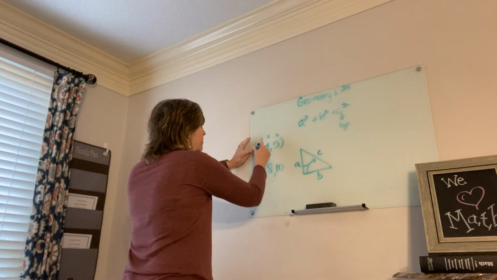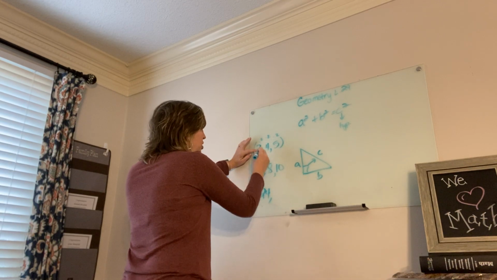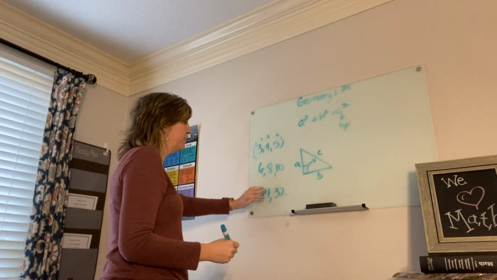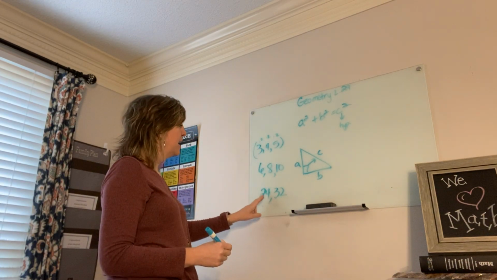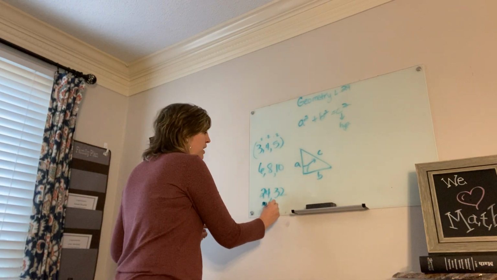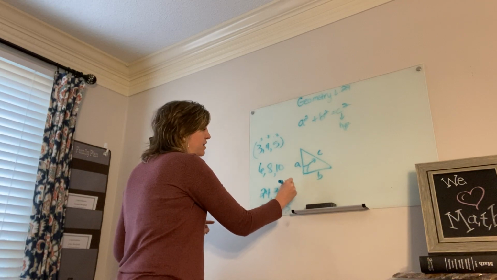So let's say they said that you had 2 legs that were 24 and 32. If you see something in common, reduce it, and you know 8 will go into both of those. That reduces to 3 and 4. So you know it's 5. 5 times 8 is 40.